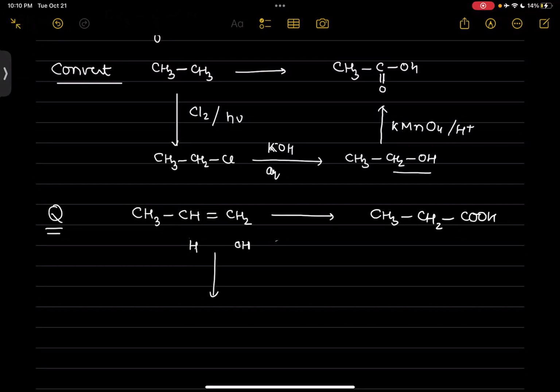Is it Markovnikov addition or anti-Markovnikov addition? Markovnikov is rich becoming more rich. Rich means the carbon atom carrying more hydrogen. So is the hydrogen getting added to the carbon atom where you have more hydrogens, or is the hydrogen getting added to the carbon atom having fewer hydrogens? You should look at these two carbon atoms which are connected by the double bond.